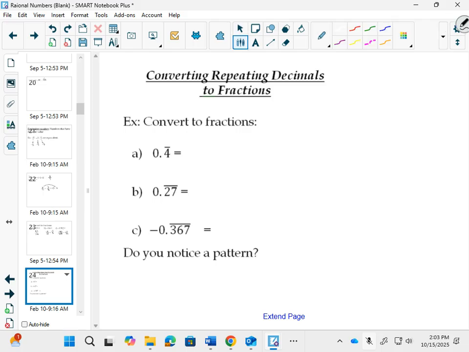Okay? 0.4 repeated as a fraction is 4 over 9. 0.27 repeated as a fraction is 27 over 99. And negative 0.367 repeated is negative 367 over 999.